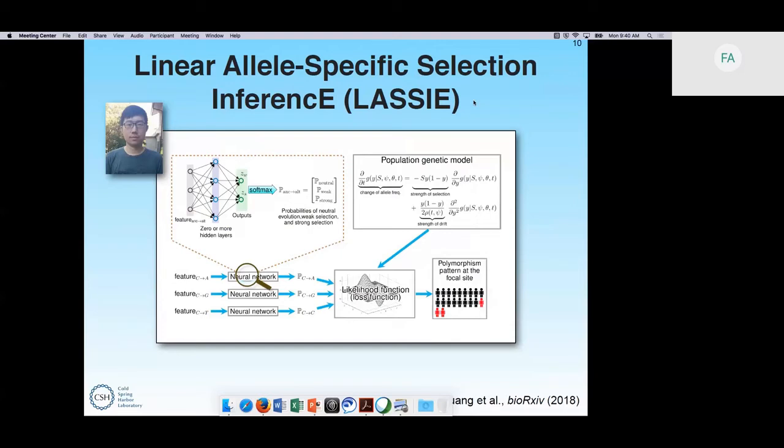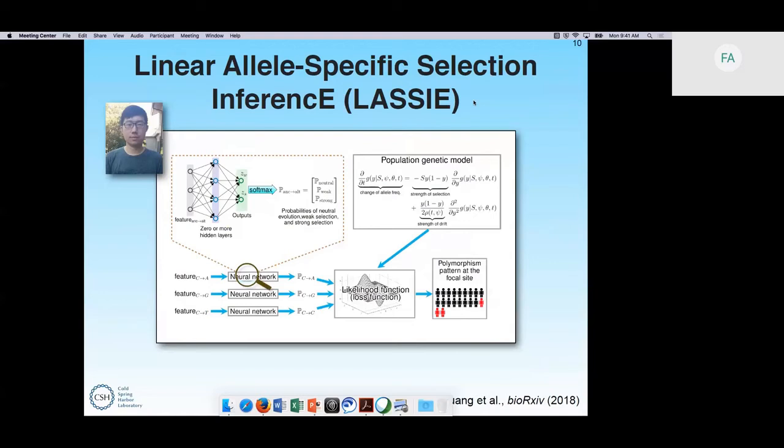And this is done by computing the likelihood, not using the probabilistic model I showed you a few minutes ago, but using a Poisson random field model based on diffusion theory approximations.